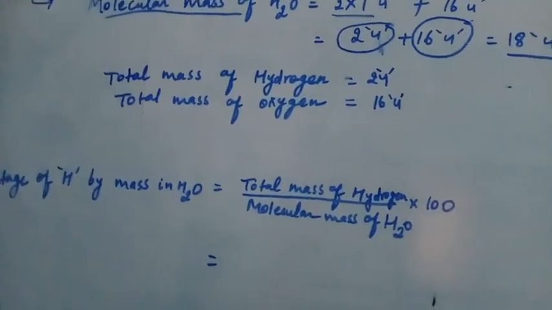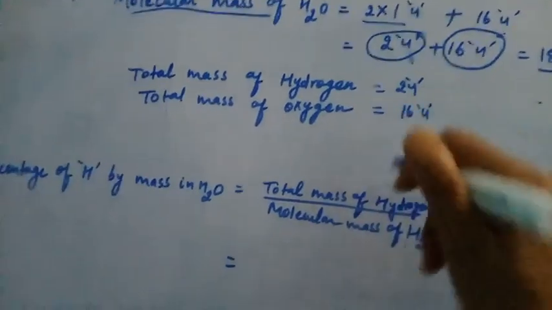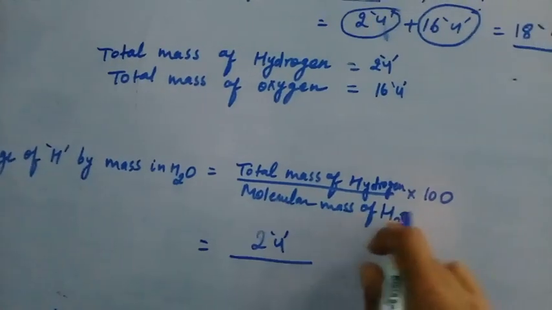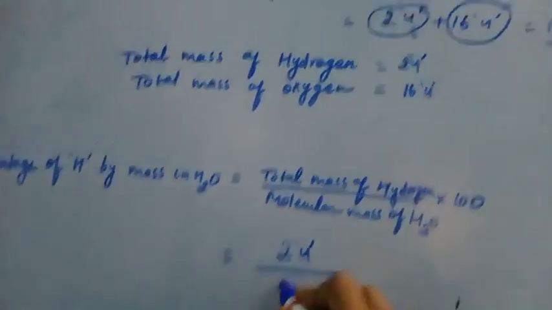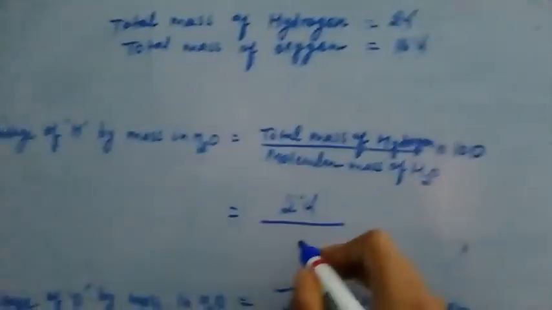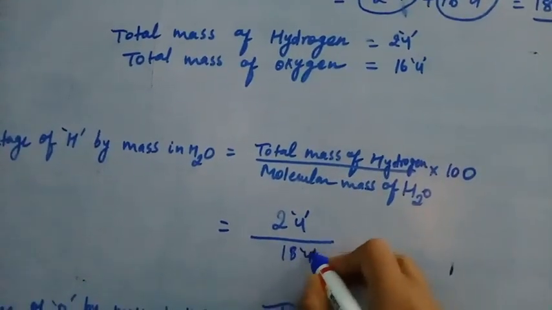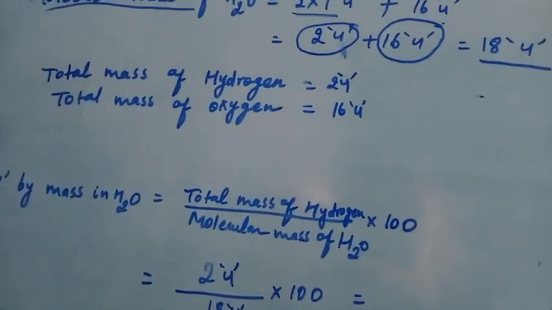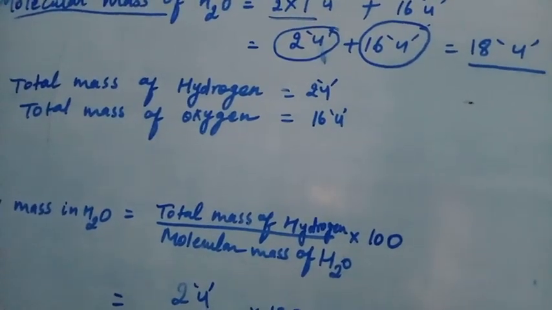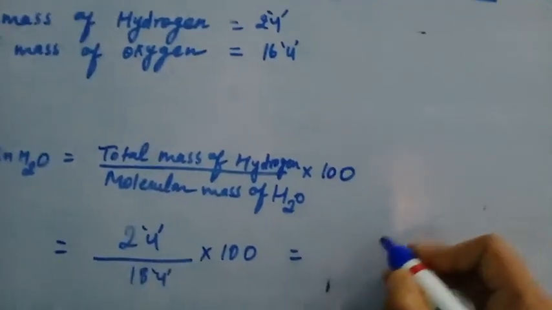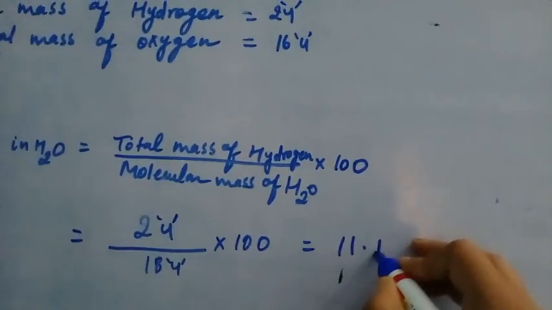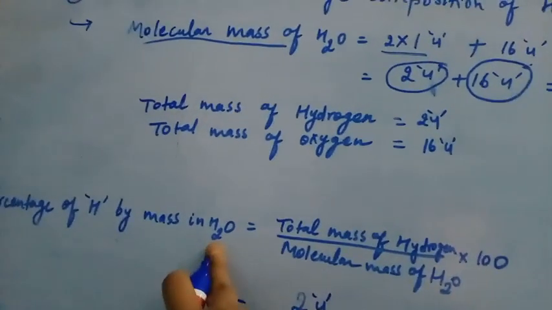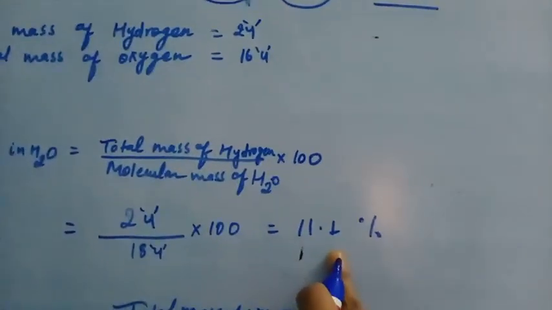The total mass of hydrogen we calculated is 2U, divided by the molecular mass of water, 18U, into 100. So how much will we get? We will get 11.1. So the percentage of hydrogen in water is 11.1%.